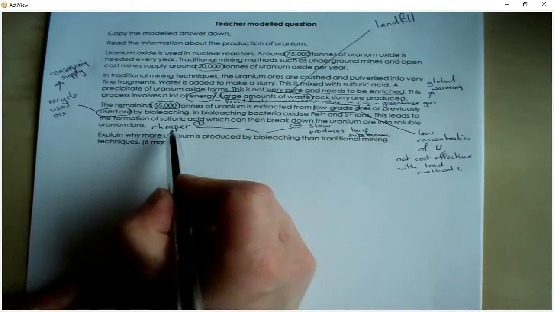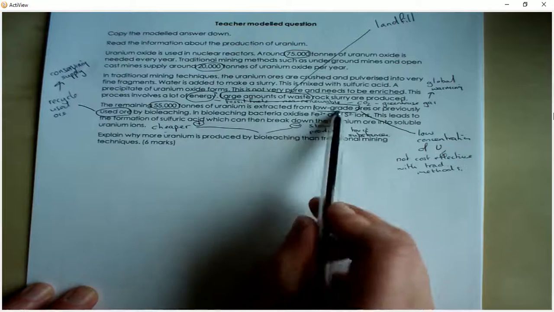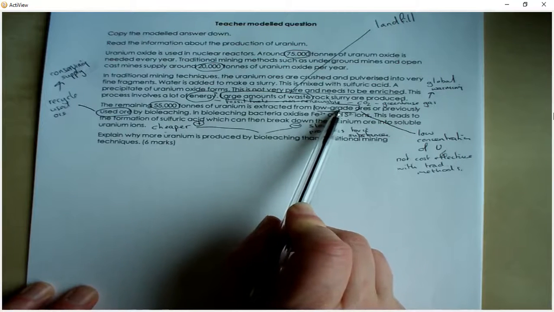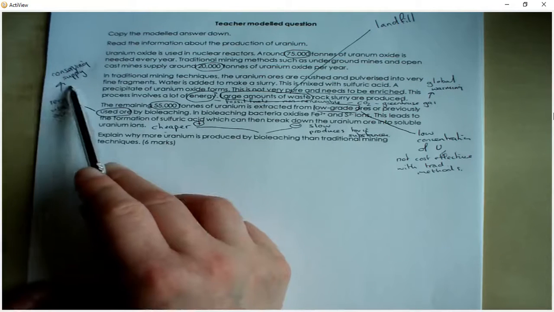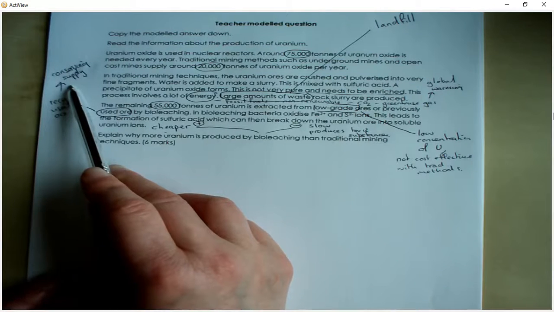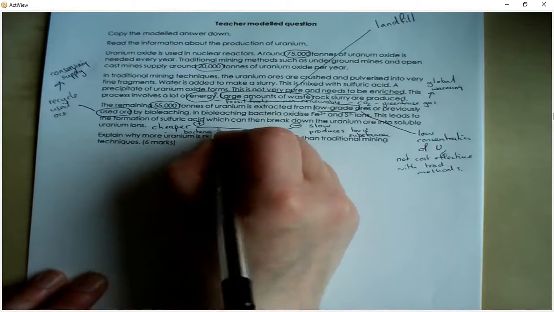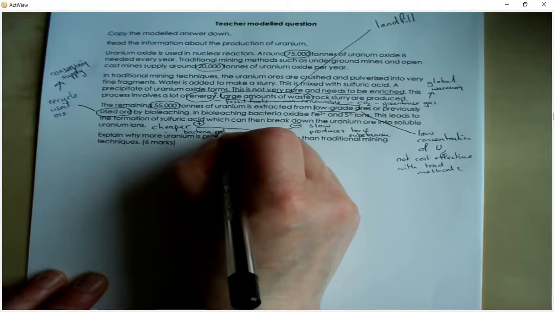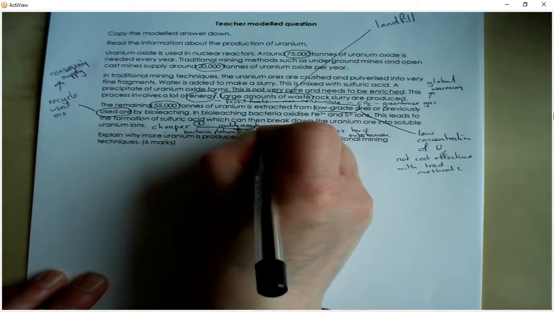However, these are outweighed by the fact that it's cheaper, and we've already said that we can use it for low-grade ores, and those ores aren't cost effective. We can use it to recycle, which conserves supply. And it also uses bacteria, which are readily available and natural.